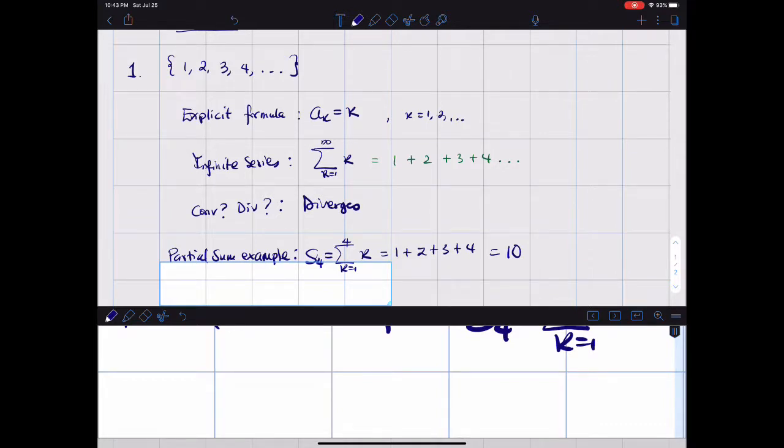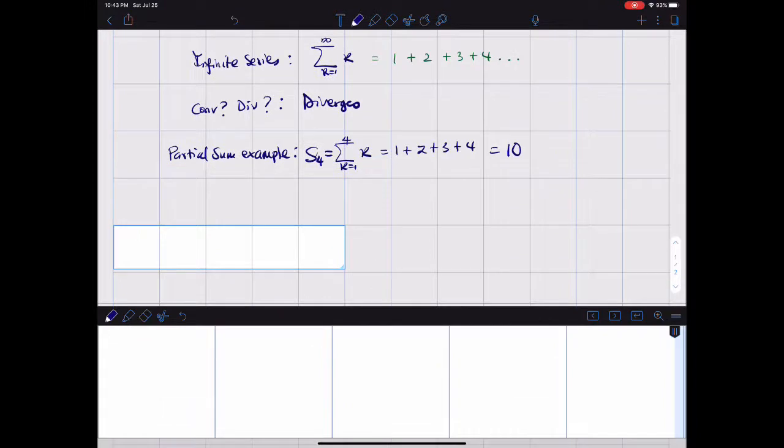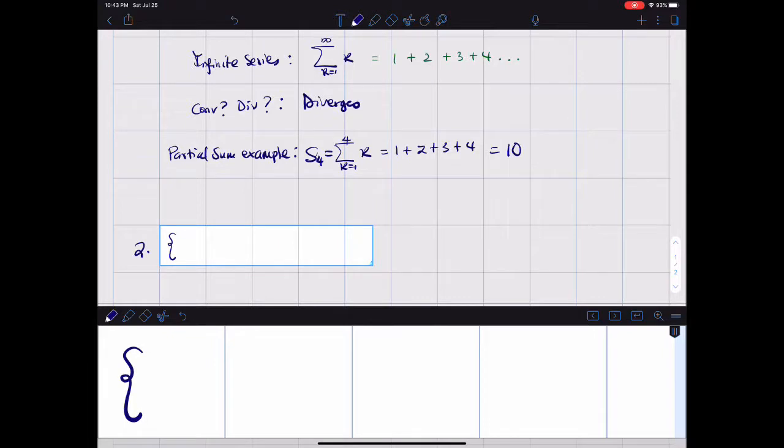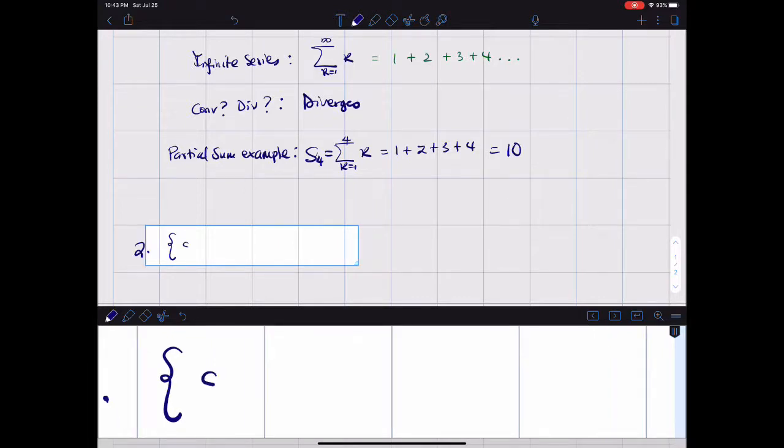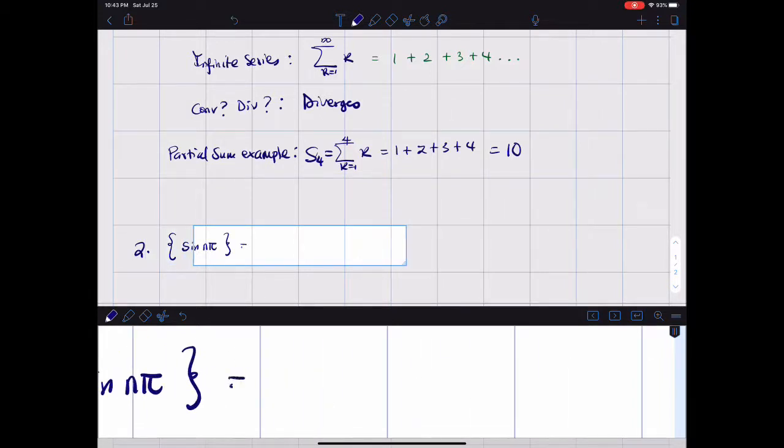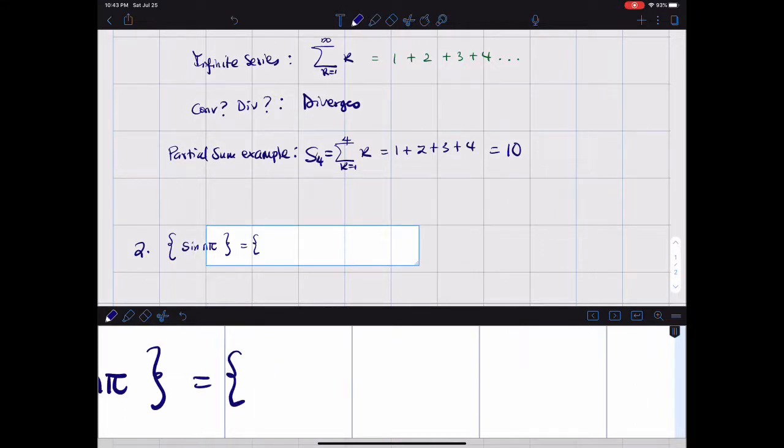All right, let's do another example. Example 2. We have a sequence, and this sequence is sine of n pi. Let's simplify this sequence and see what it is.